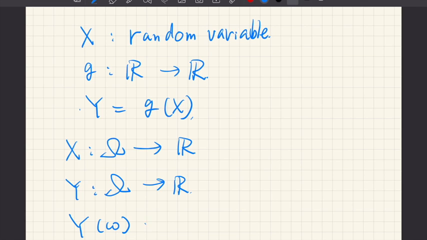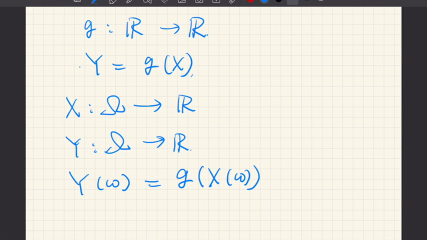So y of omega should be g of x of omega. So this is actually a function composition, g after x of omega. But anyway, in this way we can define new random variables.